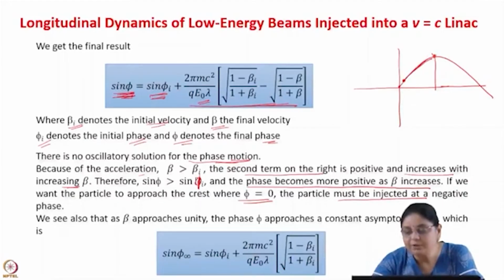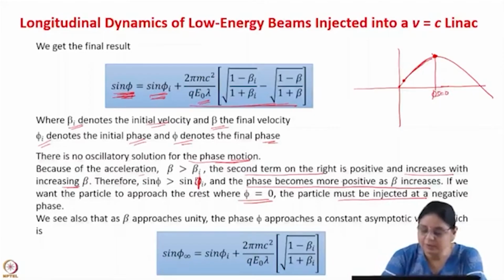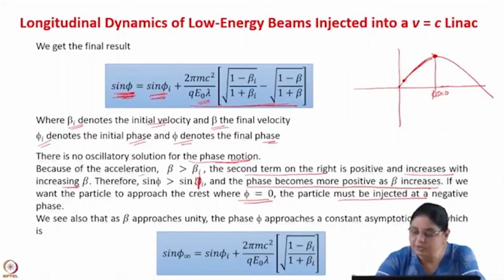Now electrons are generally accelerated at the crest because they do not have the problem of phase stability. So for electron linacs, we usually operate them at phi equal to 0. So here now the phase becomes more positive as beta increases. So as velocity is increasing, the phase is becoming more positive.